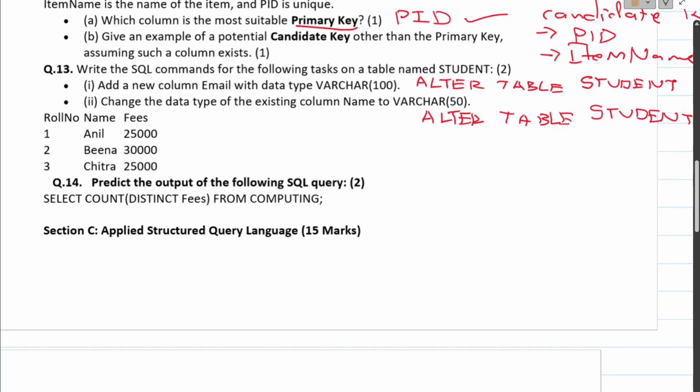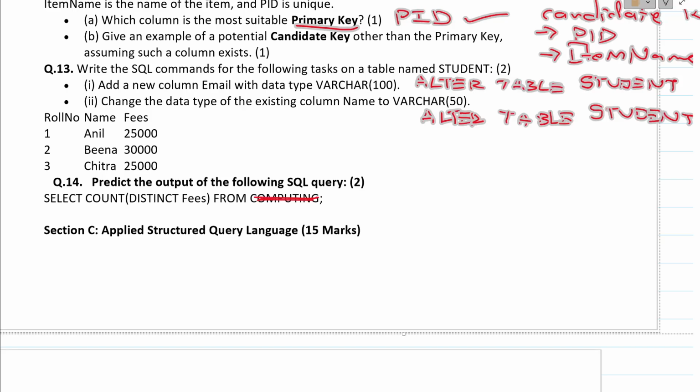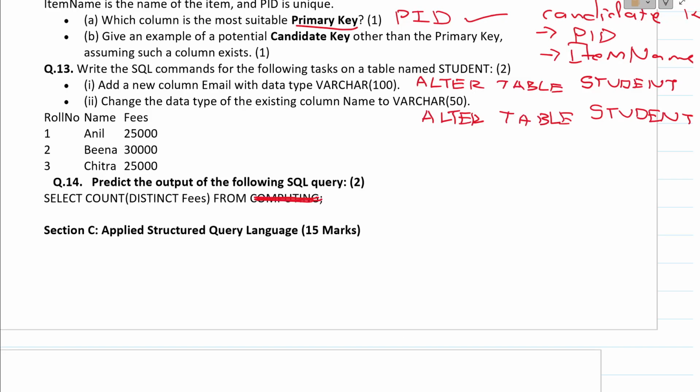Now talking about predict the output of the following SQL query. Here actually it is select count distinct fees from the table given above, and the table is computing.